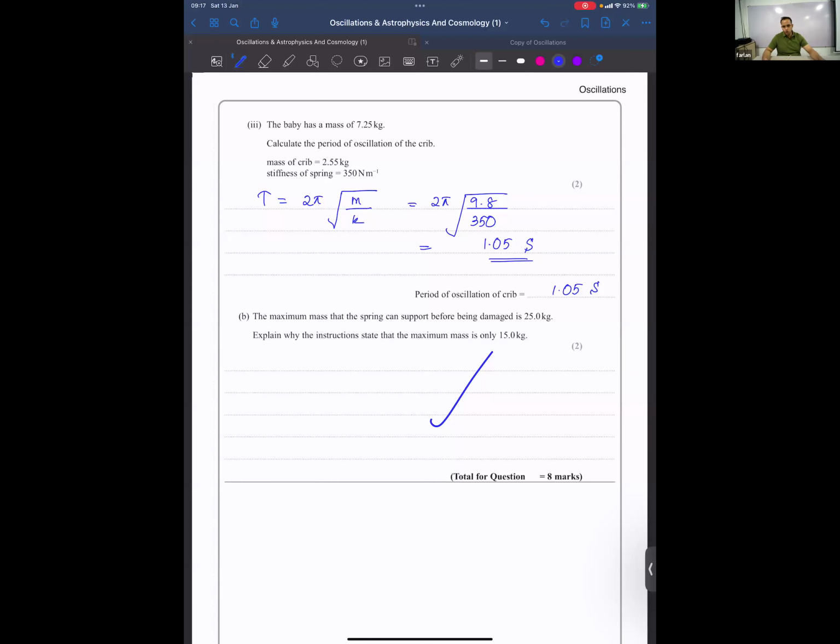Full stop. So the maximum permissible mass, or the maximum allowable mass, cannot be 25 kilograms. It has to be less. Okay. Right.